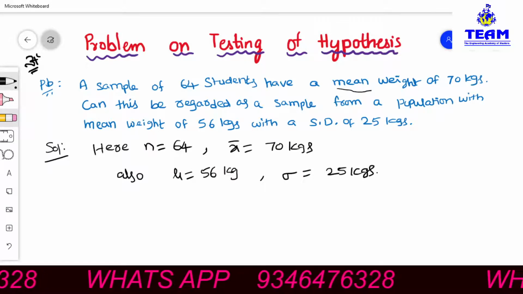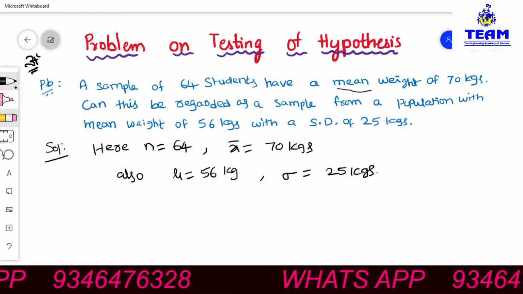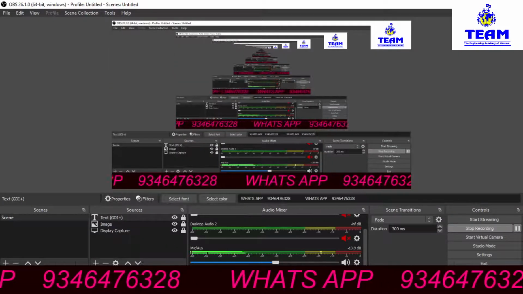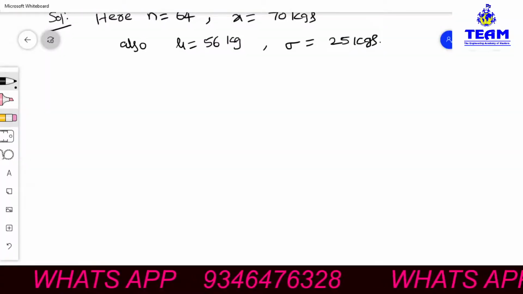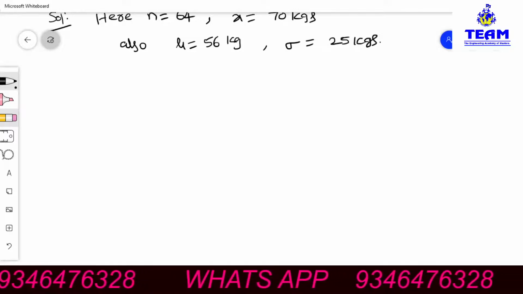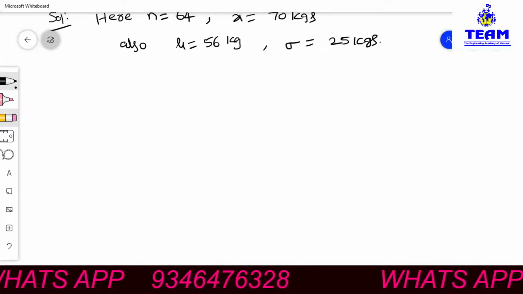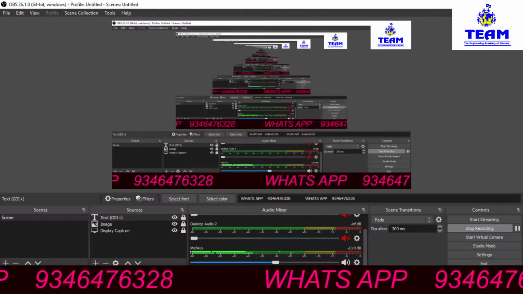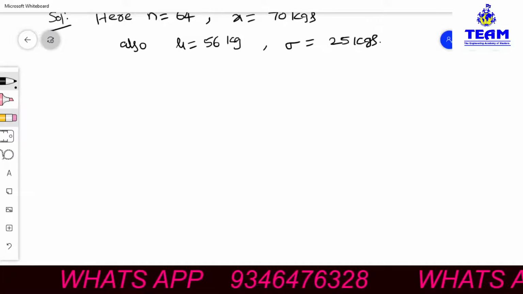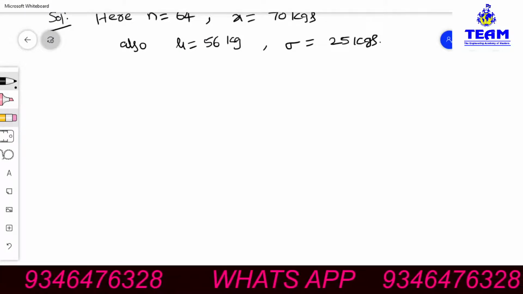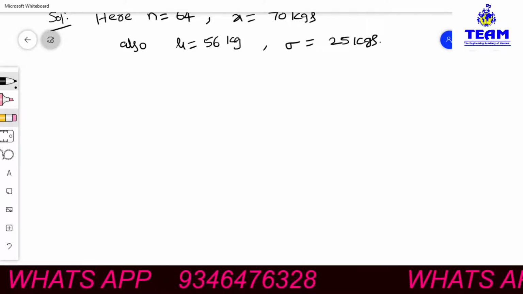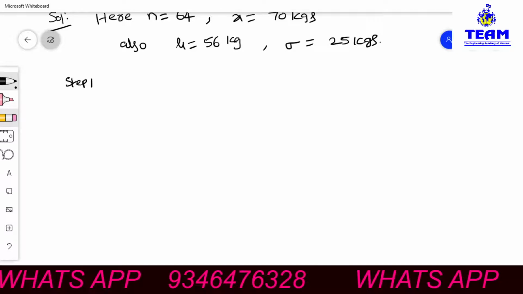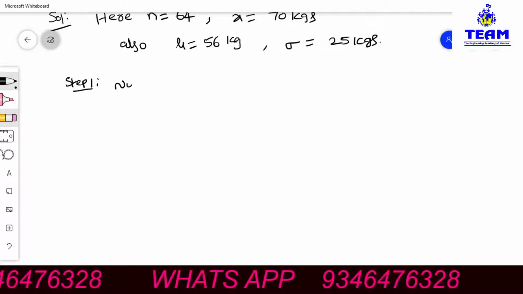Now by the method of testing of hypothesis, we already know this procedure has 5 steps, in which the first step is the null hypothesis.